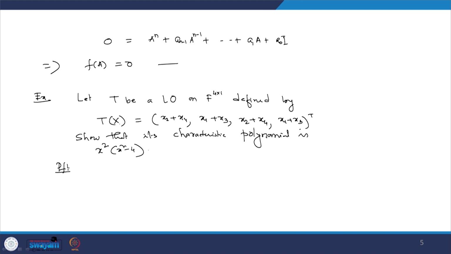To prove this one, I have to immediately translate this operator into the corresponding matrix form.